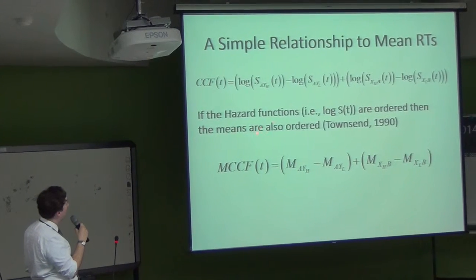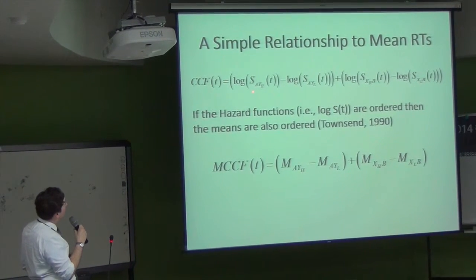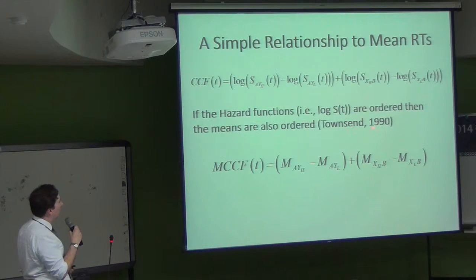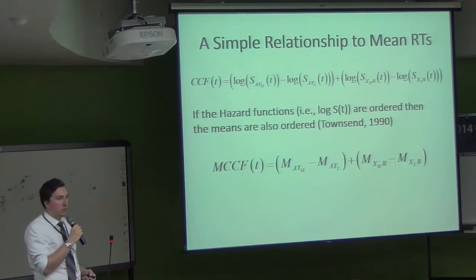I think I'll remove all the math there. So you've got a difference between the high salience conflicting source and the low salience conflicting source on one dimension, added to the same difference on the other dimension. So you just take a sum of the differences. Now, Jim showed in a paper in 1990 that if the hazard functions are ordered, then the means of those functions are also ordered.